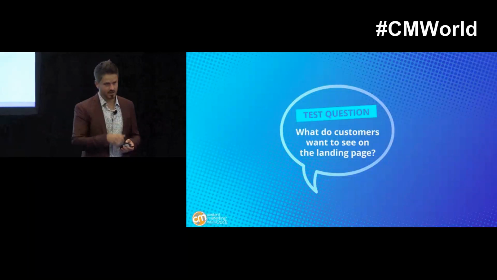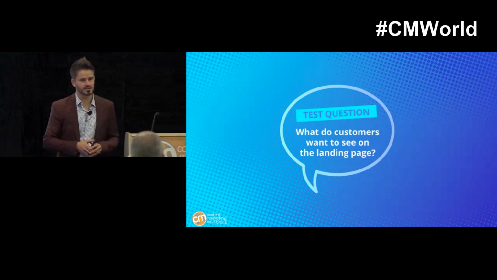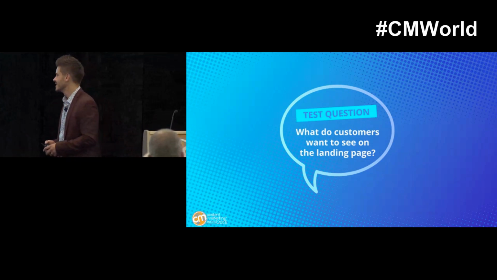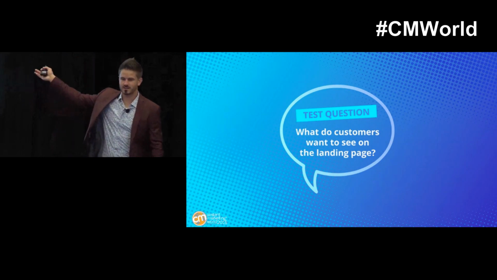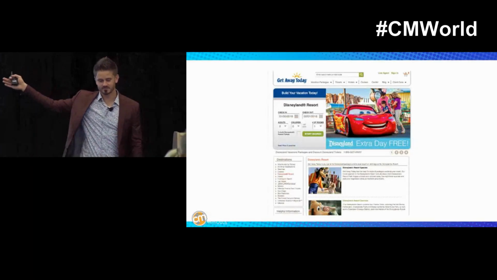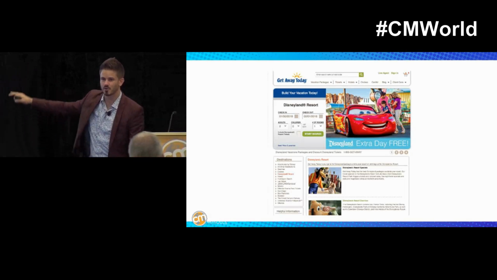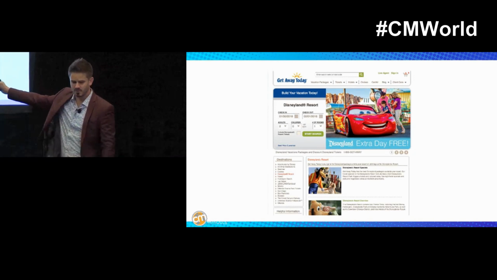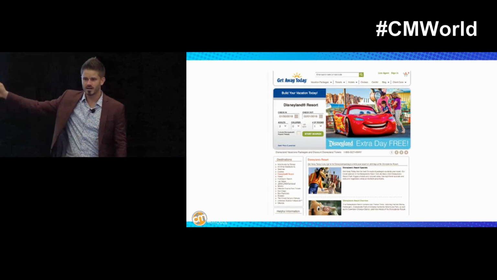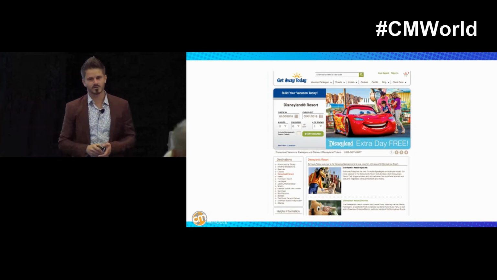I'll show you an example of a company that sells Disneyland tickets. I love this company because I love Disneyland. This is one of their landing pages where you can book a vacation. They also have a lot of other information below the fold, with other offers and a little sub-menu where you can navigate to see some of their other stuff.